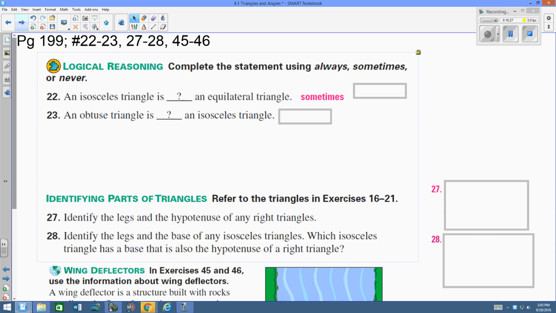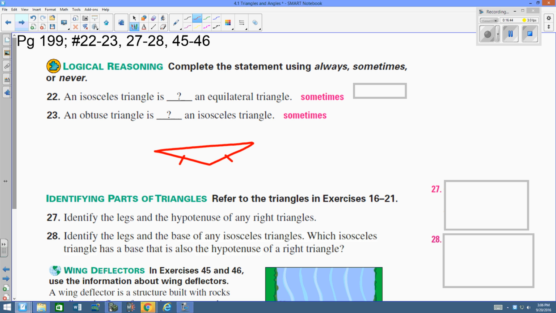An obtuse triangle is sometimes an isosceles triangle. So you could draw an obtuse triangle with two sides the same, or you could draw an obtuse triangle with three different lengths.